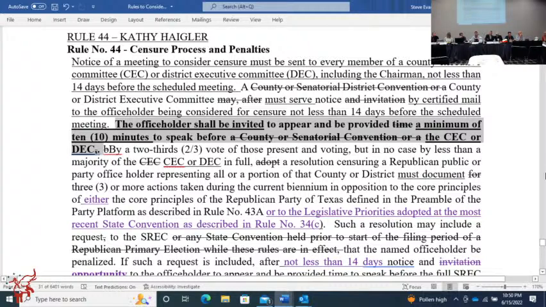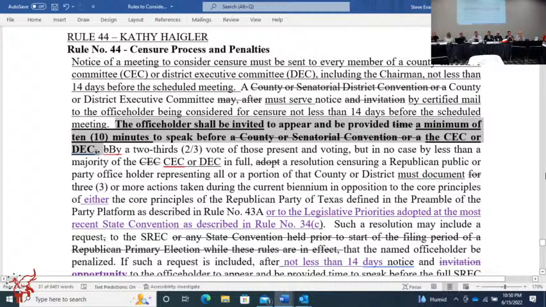It's a great idea for an amendment, but well, I don't want that. Speaking against SC 23. Mr. Chairman, point of order. State the point. Mark Russellson, District 30. My question is that as this begins, it states that a meeting to consider censure and the notice that must go out.